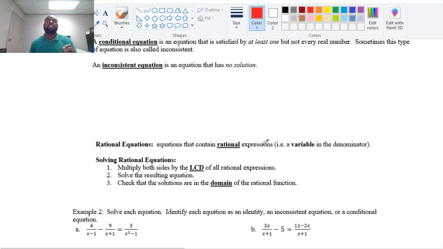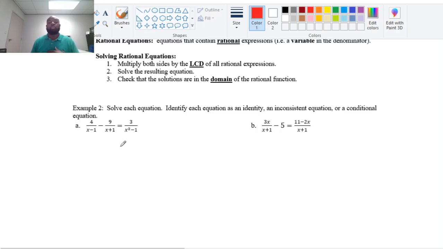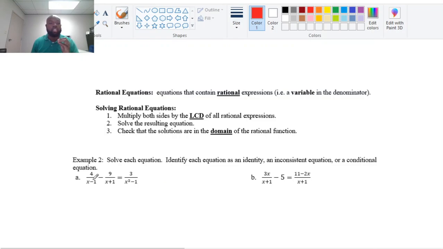When we start having different types of equations, you have to start to think about where's x and how do I get it from being there, and then what steps can I take to get it to be isolated. Now, sometimes we're going to have x on both sides. But when we have rational equations, we have to think about a variable being in the denominator.